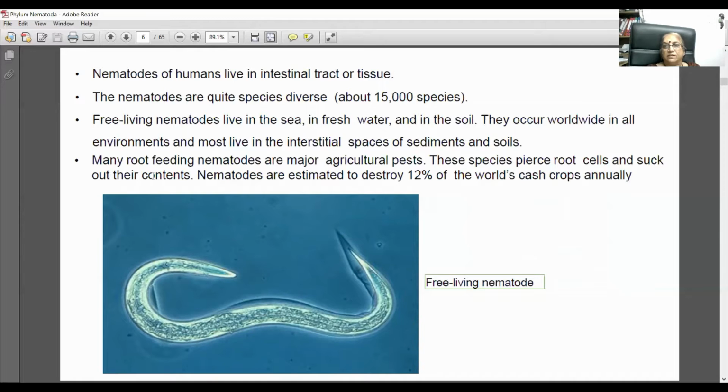These species pierce the root cells and suck the contents of the plant. That is how they destroy the plants. Nematodes are estimated to destroy 12% of cash crops annually. That's how they are hazardous to human beings.